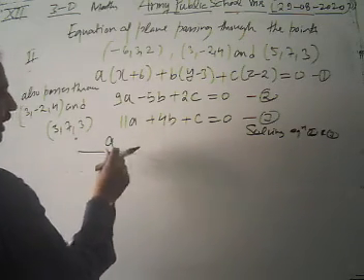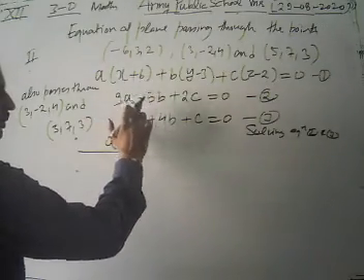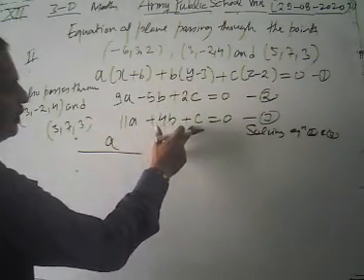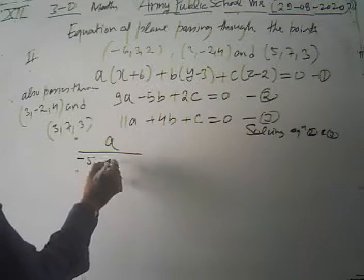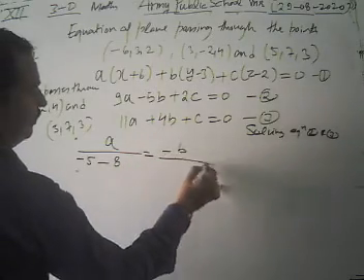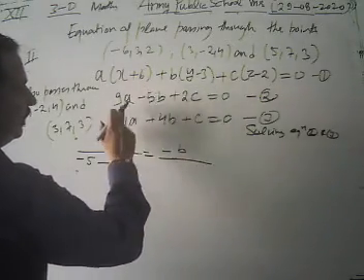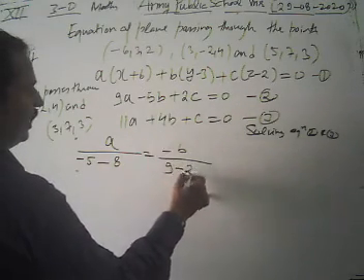Write down here a, then b, then c. For a we have minus 5 and this one: minus 5 into 1 minus 5, then minus 4, so a upon minus 9. Take the minus sign for b: 9 into 1 minus 11 into 2 gives minus 13.